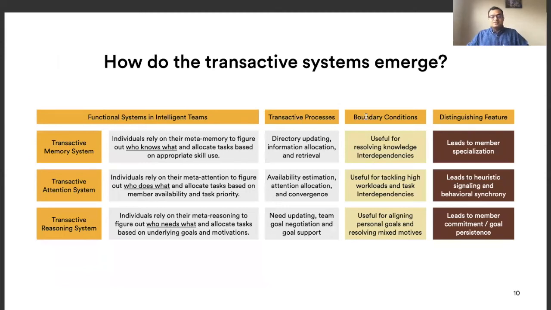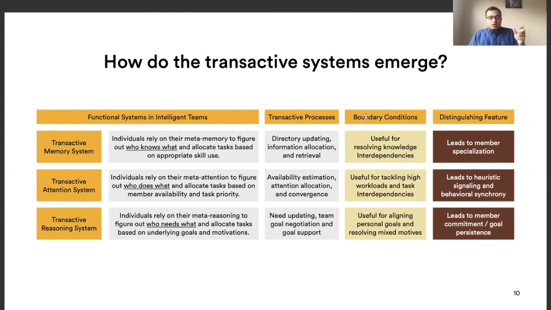Now, I will not dive into the depths of describing exactly how these three distinct systems emerge, but in our framework, we dive deeper into all of these three things, like what are the individual level metacognitive abilities that the members need to have that will lead to some transactive or inter-member processes? What are the boundary conditions under which a particular function is going to be more useful than another? And what are the distinguishing observable team level outcomes that can be used to sense whether this particular memory system or attention system is well developed within a team?